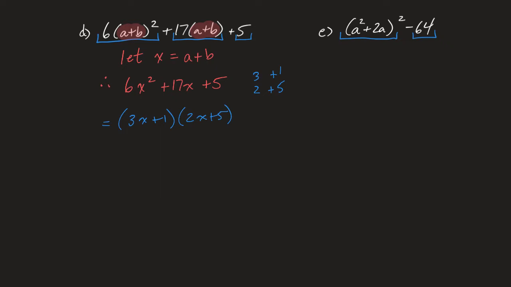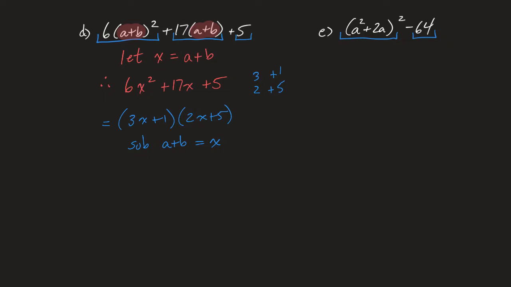That would be our expression. Here's the problem, though. I never asked you to factor an expression that included x's. So what we would now have to do is go and sub back in an A plus B wherever we saw x.